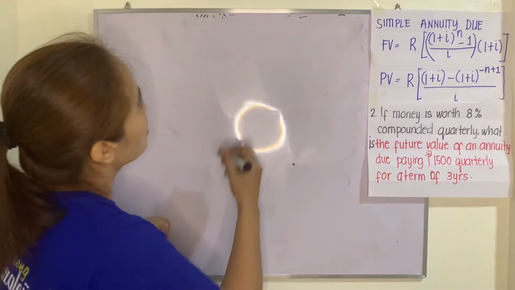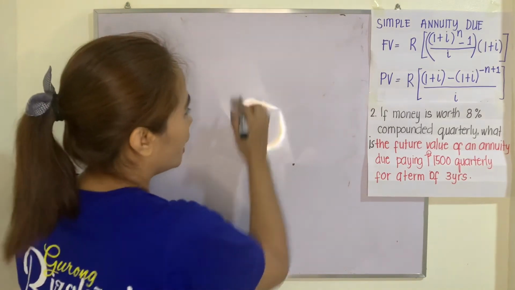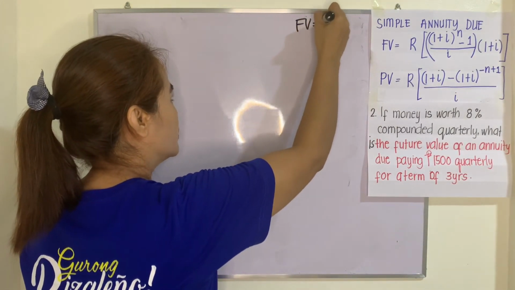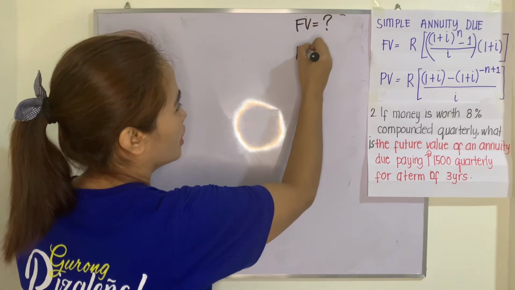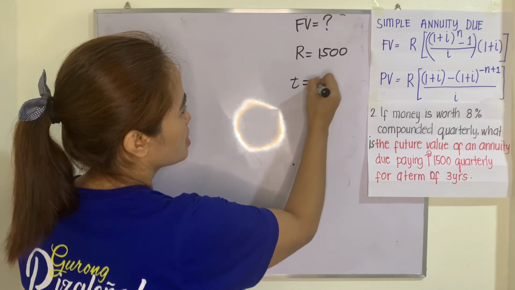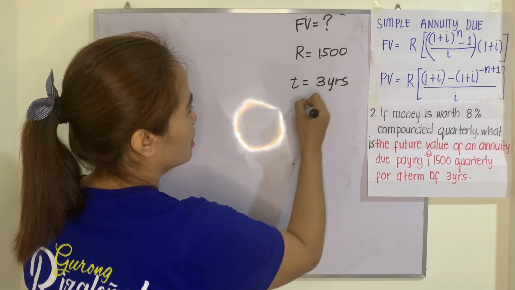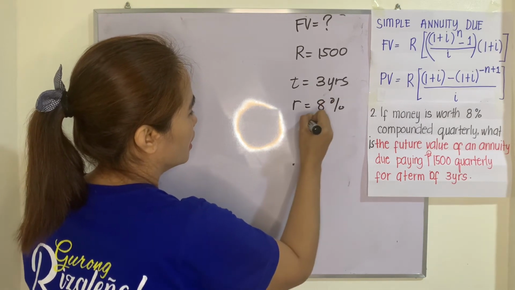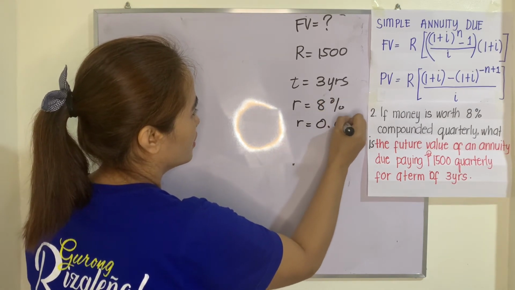Okay? So let us now identify the given. We are looking for the future value. Given R is 1,500. T is 3 years. r is 8%, or that is 0.08.